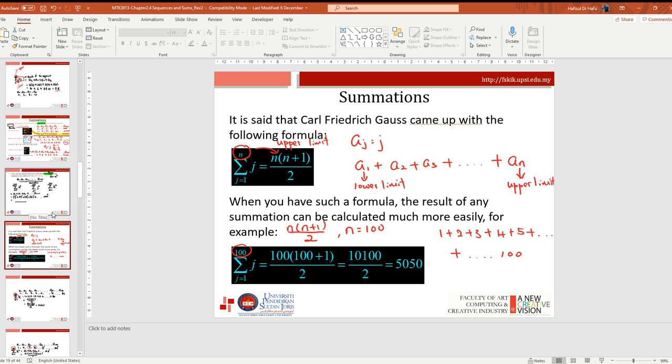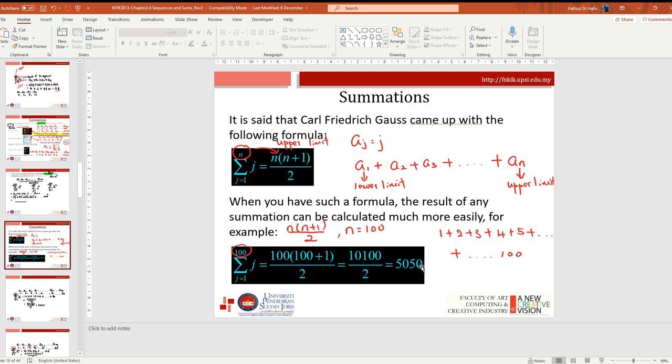It is also said that Carl Friedrich Gauss came up with the following formula. When you have a formula, the result of the summation can be calculated so much more easily. For example, if you have 100 here, you have n times n plus 1 divided by 2, with n equal to 100, and then you can sum up with this formula. You find the total is 5050.